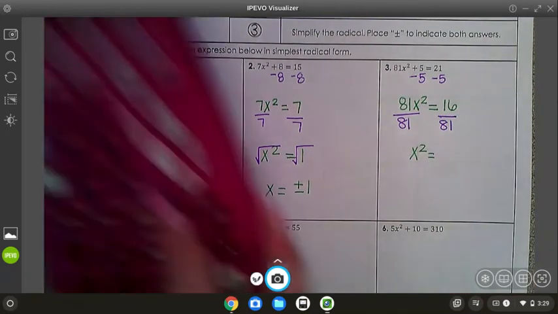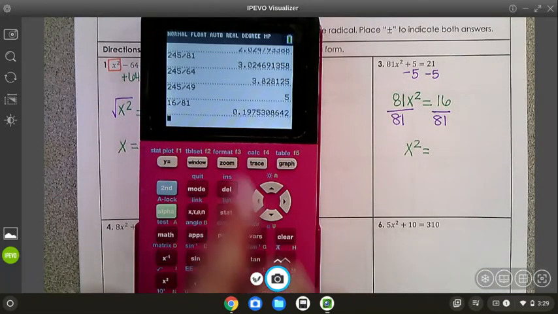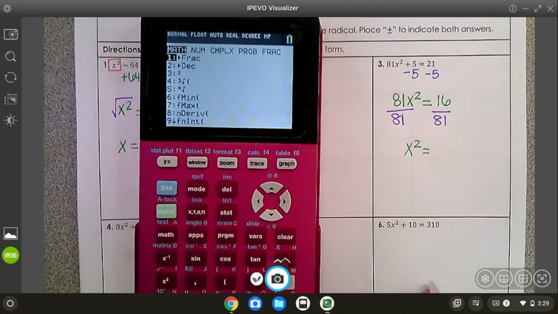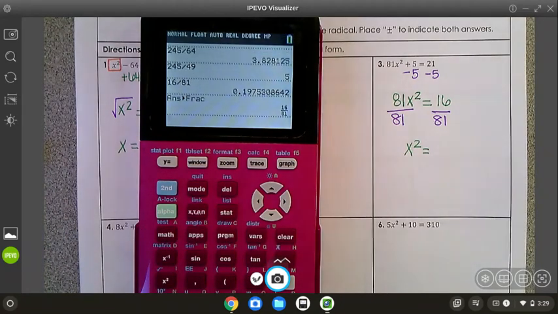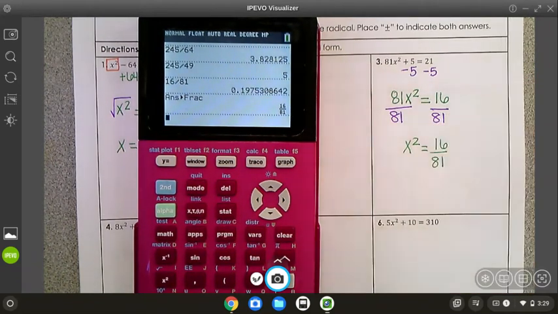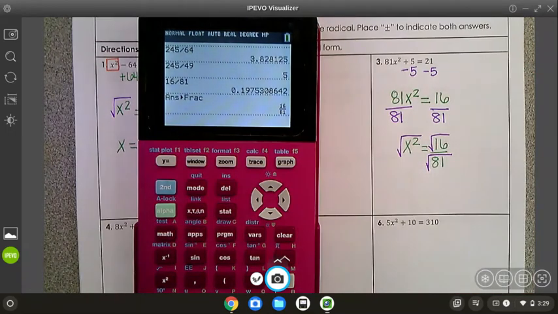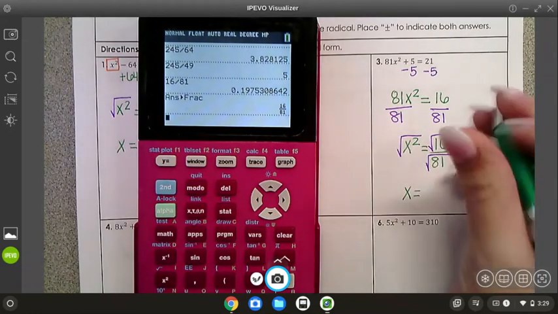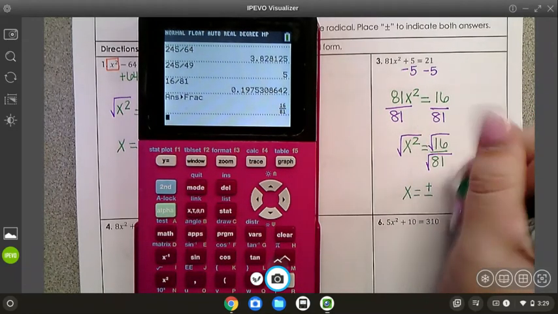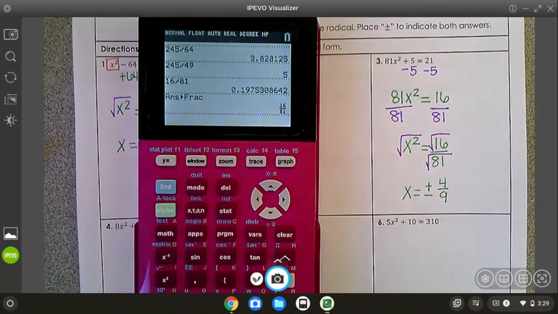Now if I try to do 16 divided by 81, I get that ugly decimal, and the fraction itself doesn't simplify at all. So remember, we talked about fractions. When you take the square root, it's the same as taking the square root of the top and the square root of the bottom. So we would have plus or minus 4 over 9. Because the square root of 16 is 4, and the square root of 81 is 9.